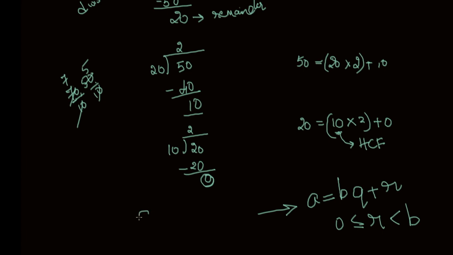So this is Euclid's division algorithm. An algorithm is nothing but a set of instructions you can give so that it could be carried out for any set of numbers.